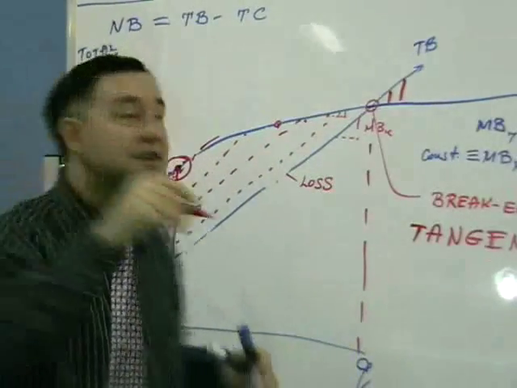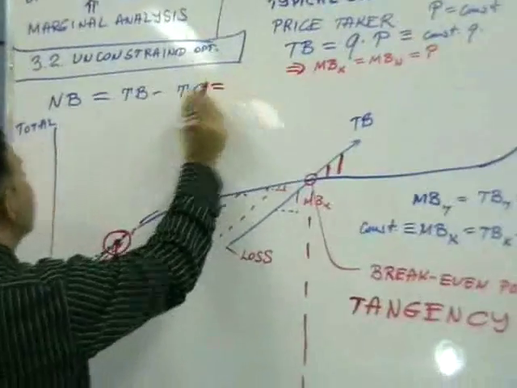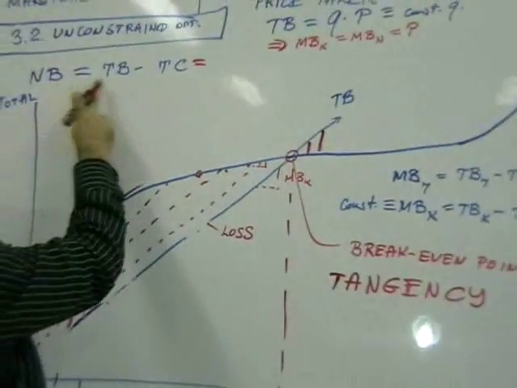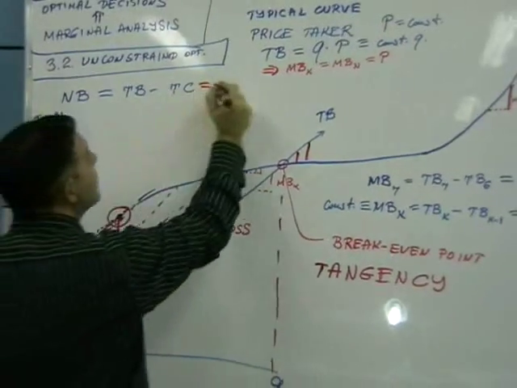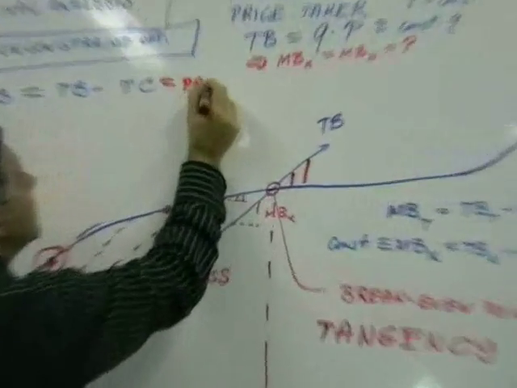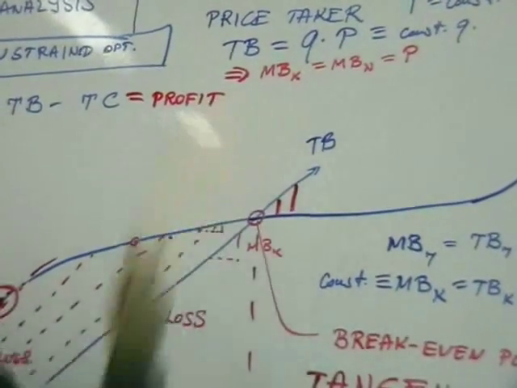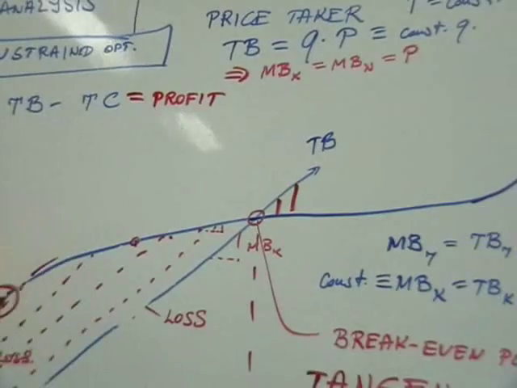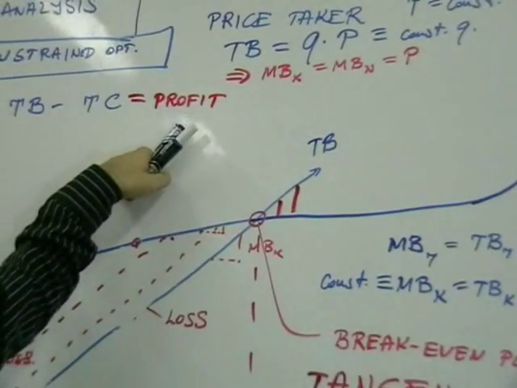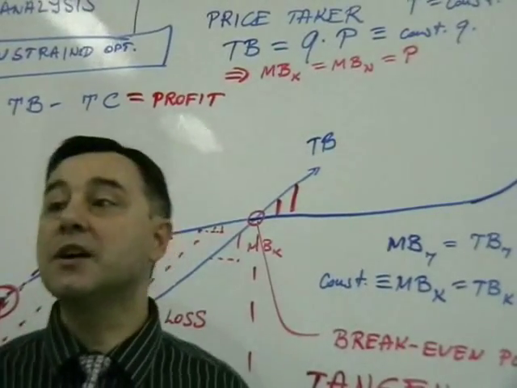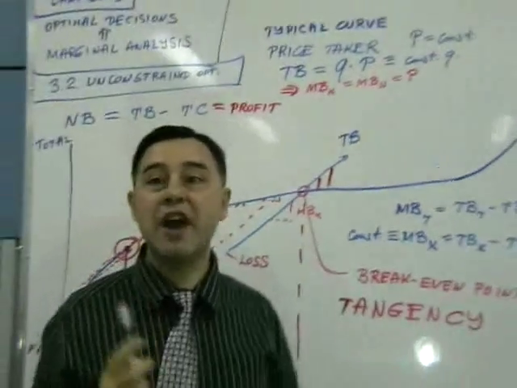So, let's write this out here. I can say that net benefit, which is equal to total benefit minus total cost, is the same as profit. When the number is negative, we call it a loss. How do I write this out?